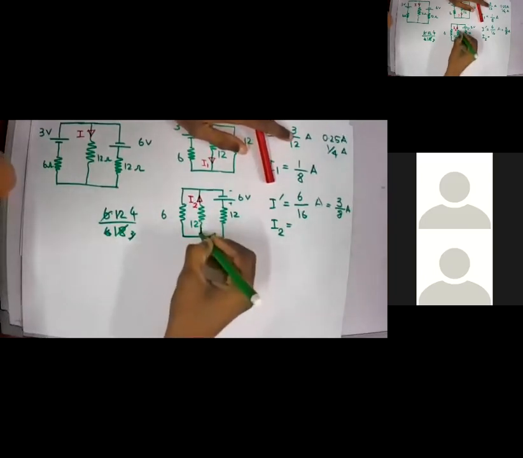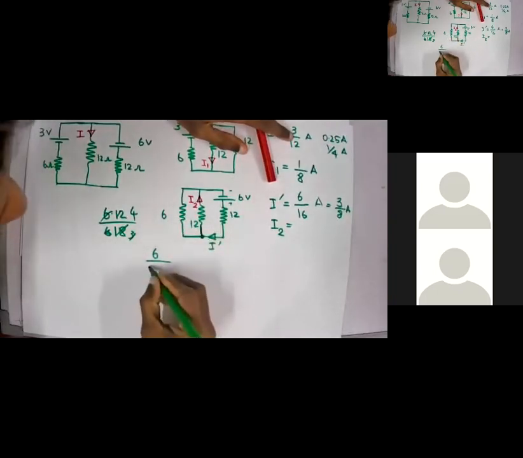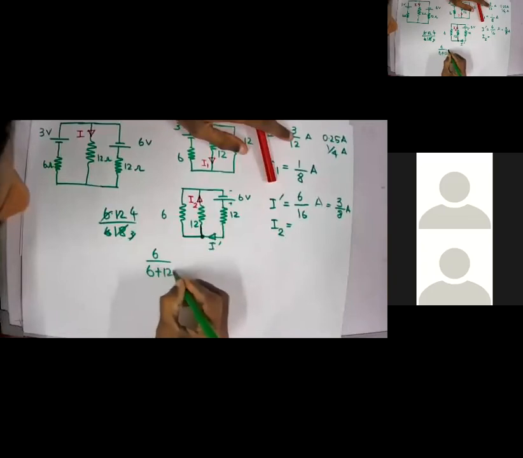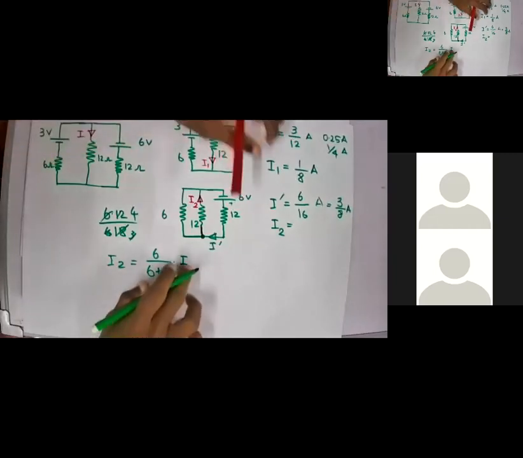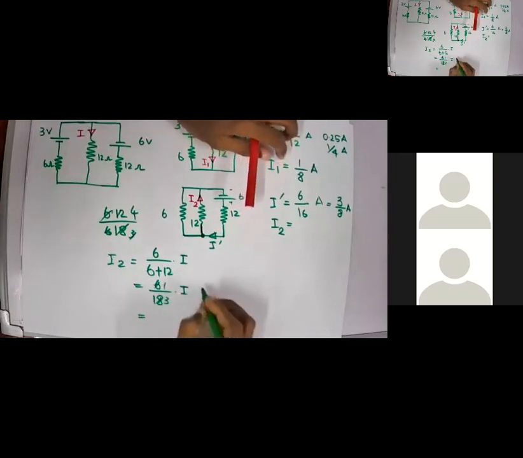So the opposite resistance, 6 divided by 6 plus 12, into I. My I2 will be 6 divided by 18 times I, so 1/3 into I, which is 3 by 8.